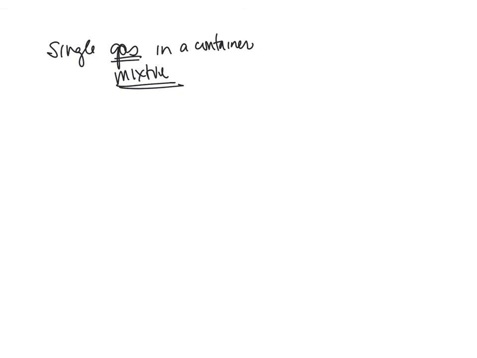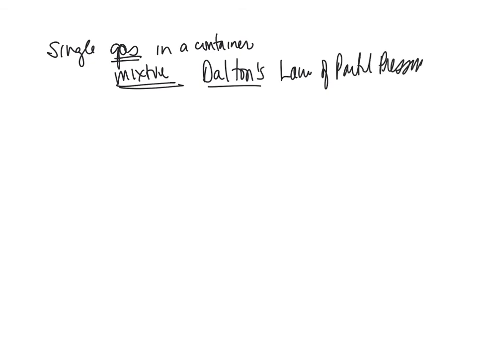Okay, so this is a new formula. You have to have that memorized. Dalton's law of partial pressures. That means the total pressure is the summation of each of the pressures.